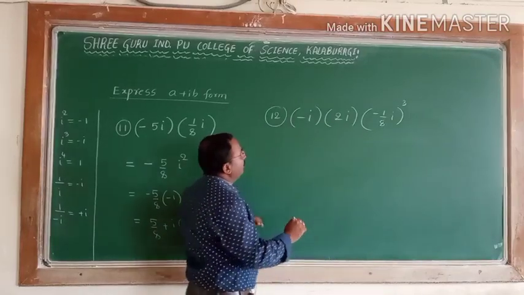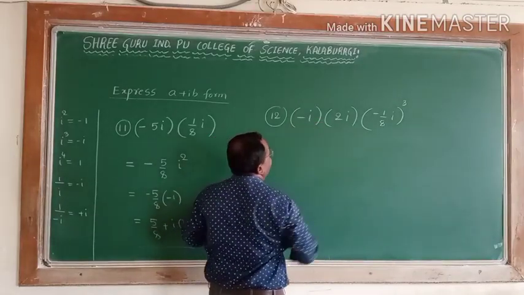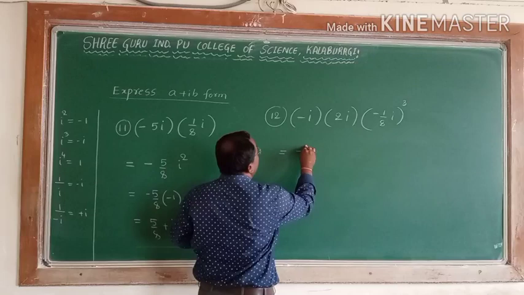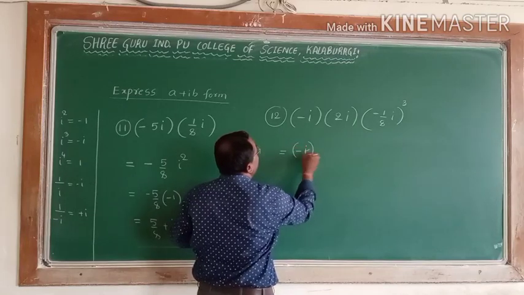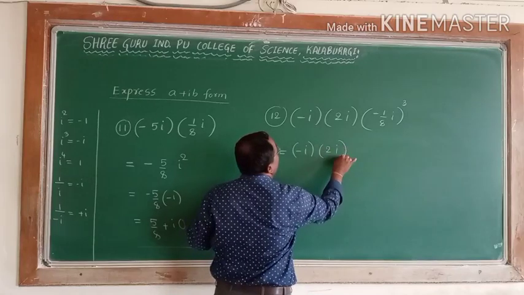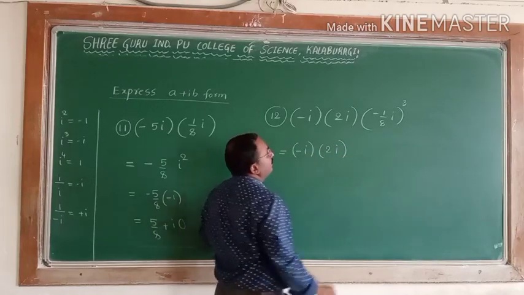First simplify. Here minus i as usual, right? Minus i, 2i.